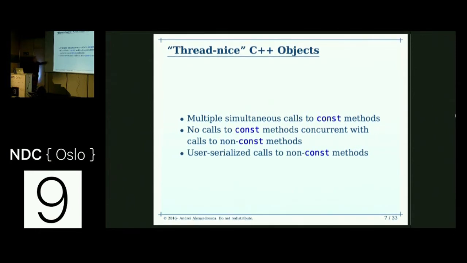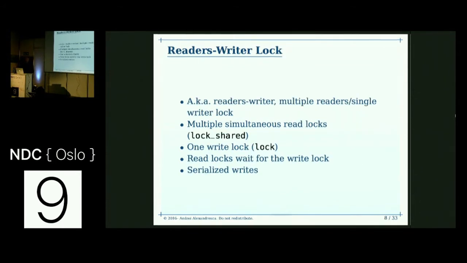You have multiple simultaneous calls to const methods, no calls to const methods concurrent with calls to non-const methods, and serial calls to non-const methods, and this is the same exact thing for the writer. It's almost the same bullets here, which is amazing, right?